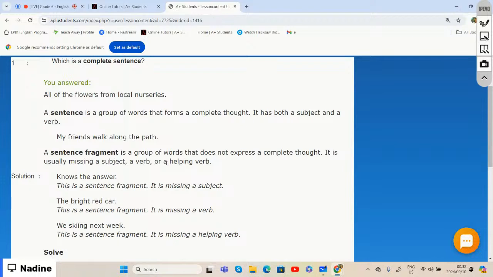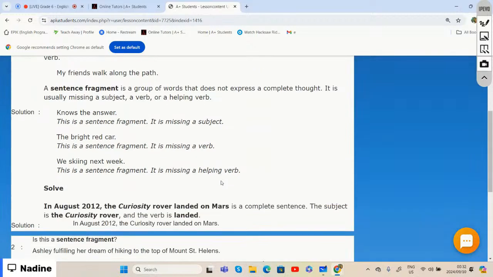The emphasis is on both, because now it's telling me that this person or thing is doing something. If it's not telling us the action that is being done, then it's not a complete sentence. Or if it's not telling us who or what is doing the action, then it is not a complete sentence. A complete thought needs to have both the action, which is the verb, as well as a subject, which is the person or thing that is doing the action.